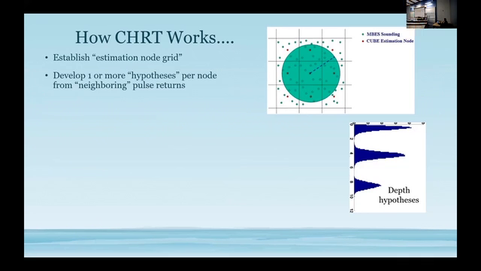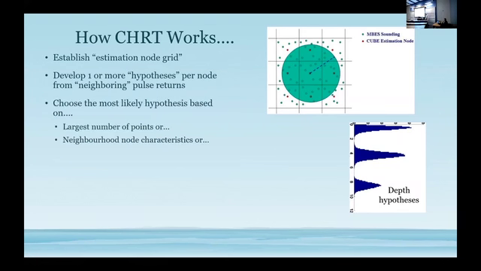And of course, in my example, they're beautifully separated. Of course, in real life, that's not the way it works. But the idea is the neighboring points are looked at for each estimation node, and then a frequency distribution is looked at. The term used is that they are depth hypotheses.